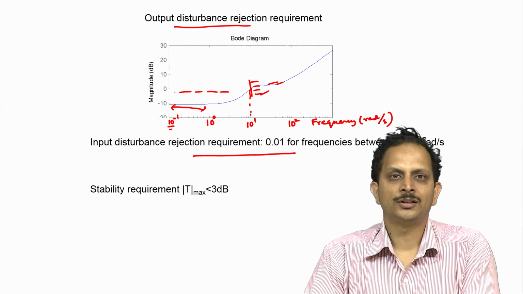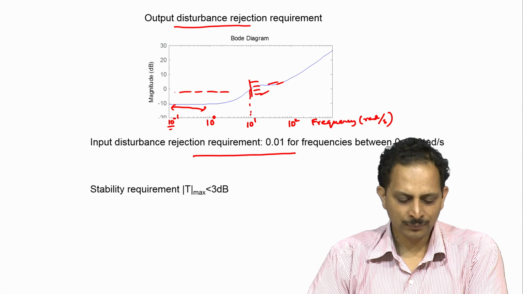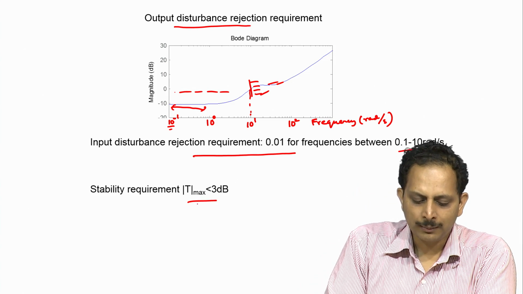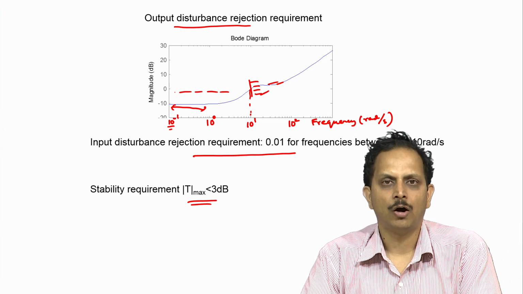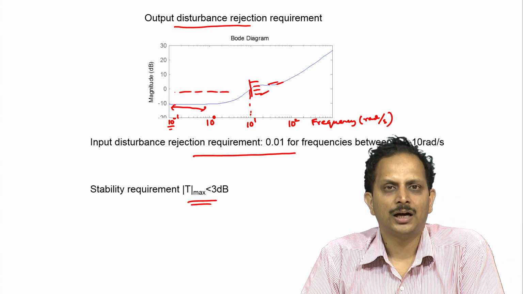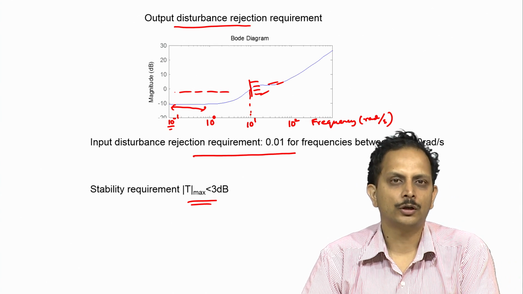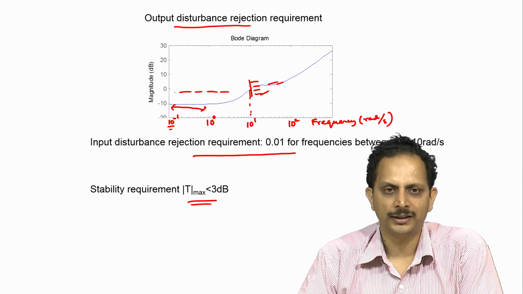specifications as far as performance is concerned, and in terms of stability, let us say we want our maximum value of the transmission function to be less than or equal to 3 dB. This will ensure that the corresponding phase margin for the open loop transfer function is going to be greater than 40 degrees.